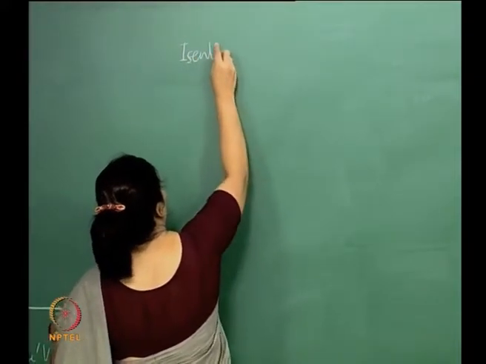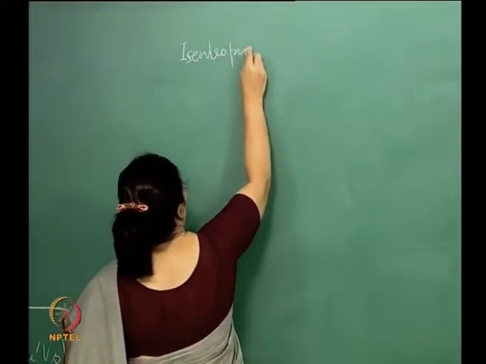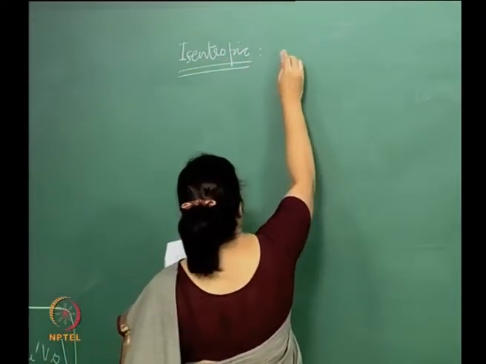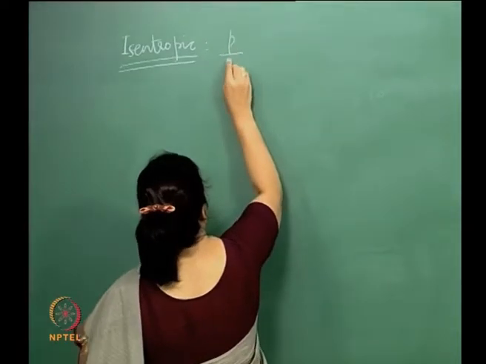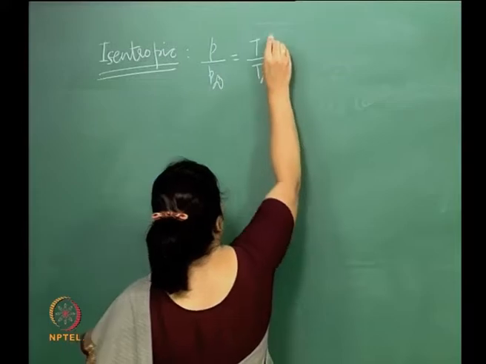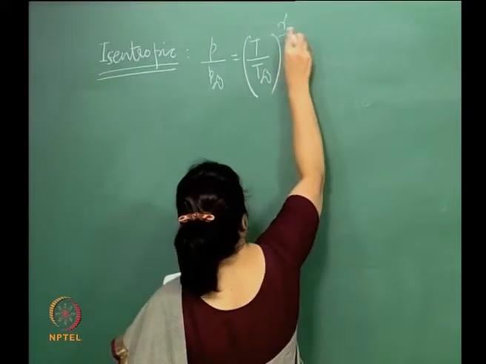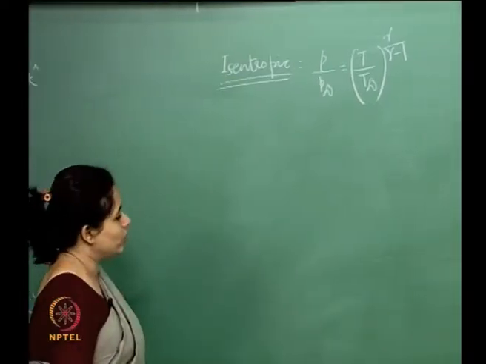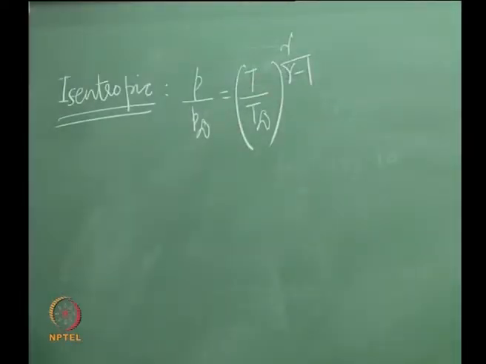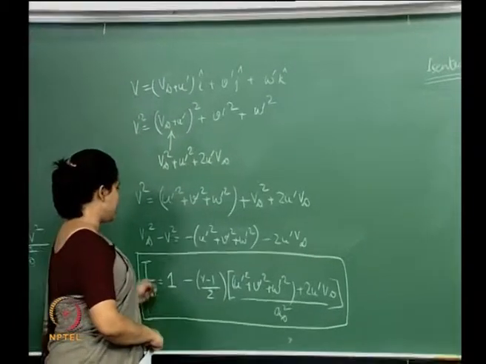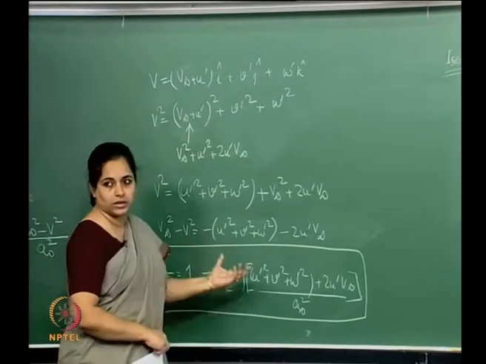So we have from isentropic, this is what we get from isentropy. We actually have a relationship for P by P infinity, which is related to T by T infinity. Now, T by T infinity, you can see we have written here in terms of just the velocities.